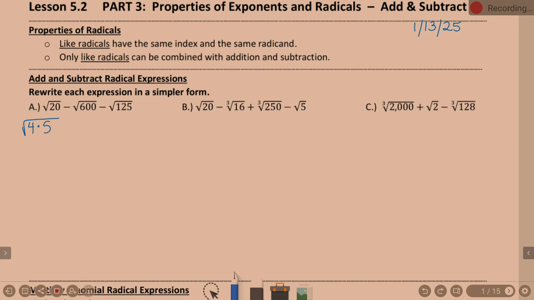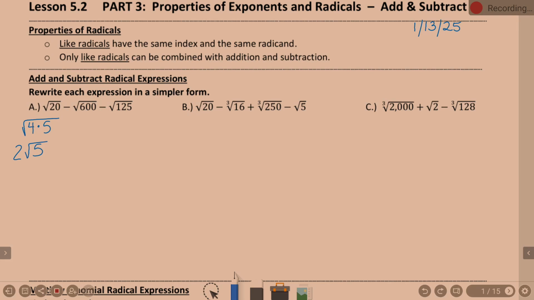We picked 4 because it is a perfect square, and 5 is just a leftover piece. Simplify that with me. What do you know about the square root of 4? It becomes 2. What about the square root of 5? It stays square root of 5. Good. Let's do that with each piece of this problem and see what happens.